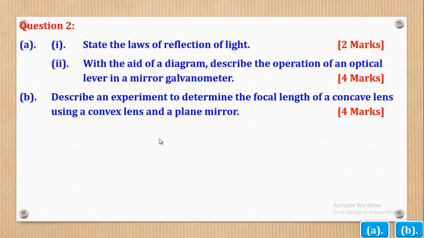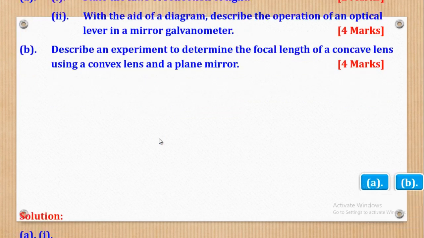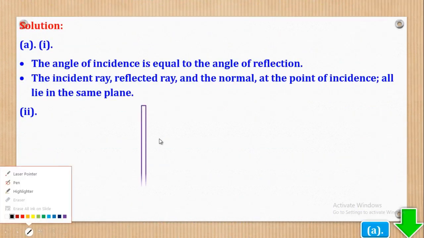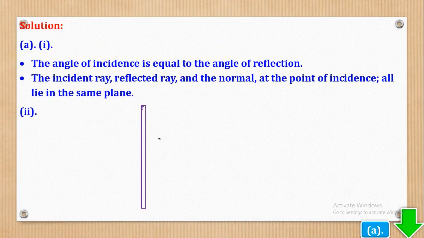Roman 2 says, with the aid of a diagram, describe the operation of an optical lever in a moving coil galvanometer. So here it is easier if we start with a diagram. So let's first draw a diagram for that.